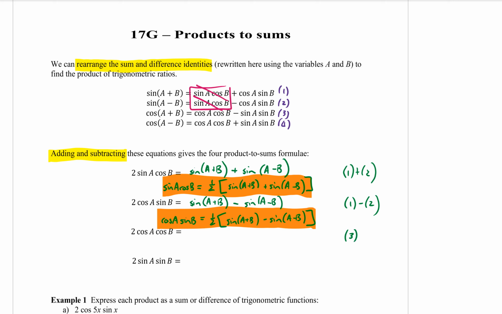If we add them, equation 3 plus equation 4, so that is cos A plus B plus cos of A minus B. Now when we look at what that would do, on the right hand side of those expansions, cos A cos B and another cos A cos B would add together to give me the 2 cos A cos B that I get.